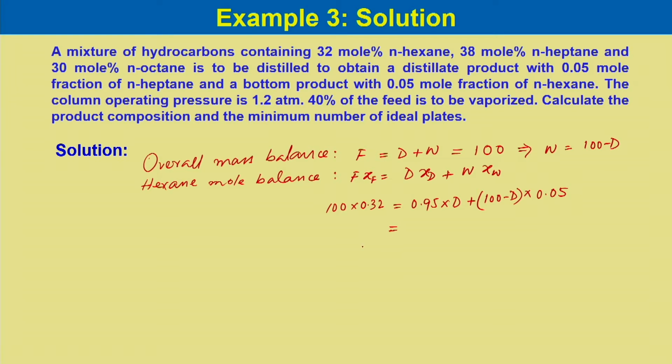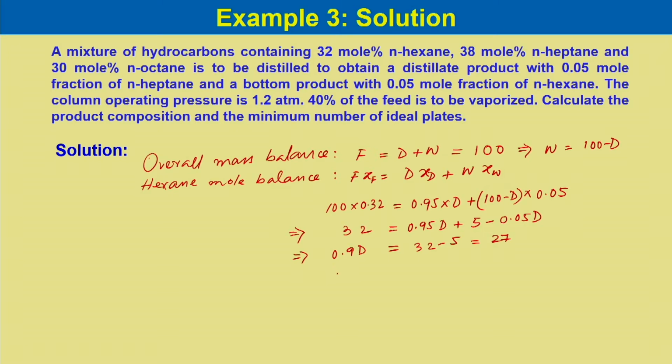So, this would be 32 is equal to 0.95 D plus 5 minus 0.05 D, and from here we can write 0.9 D is equal to 32 minus 5, which is 27.